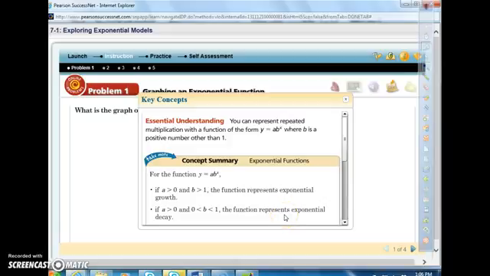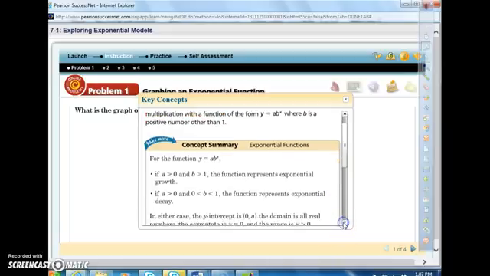So this leads us to our essential understanding. Y equals ab to the x, where b is a positive number other than 1. So for this function, if a is larger than 0, and b is bigger than 1, then we have something that's growing. If b is anywhere between 0 and 1, in other words, a fraction, then we would have an exponential decay. It will be decreasing.